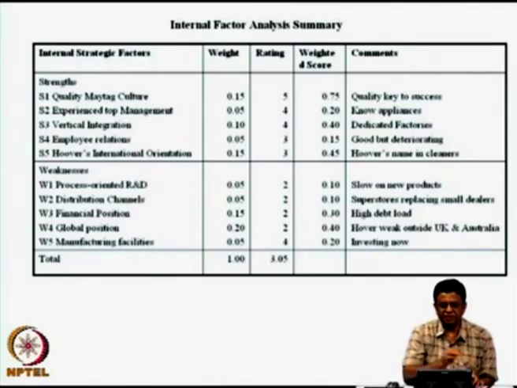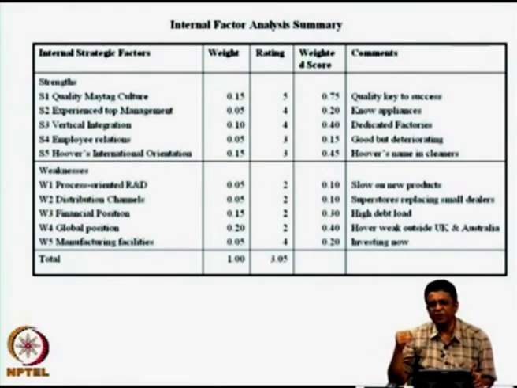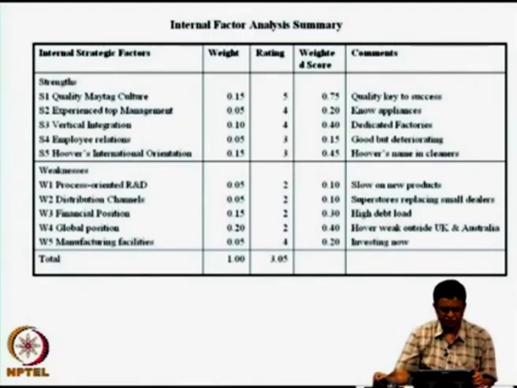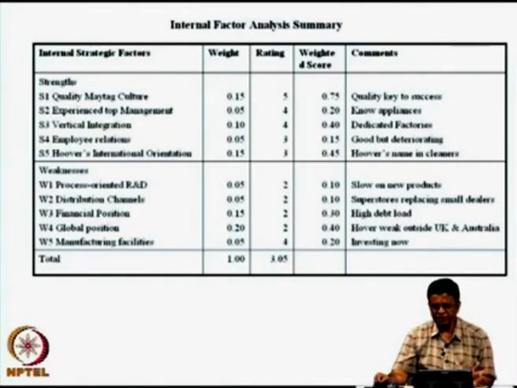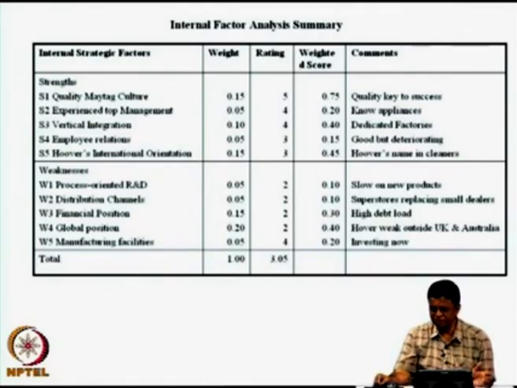Then for the rating, the same Likert scale is used, so you are going from one end, poor, to excellent. Then you get a weighted score using the weight and the rating for the company for that particular strength or weakness, and then you make an analysis. How do you really get to the whole for the company? How does the company look at this whole thing?